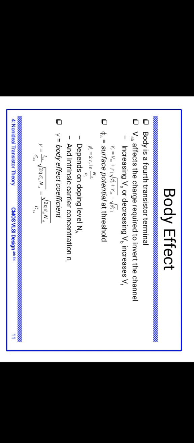VSB1 is equal to 0 and VSB2 is not equal to 0. It means VSB2 and VSB1 are not the same. This variation of VSB causes variation in threshold voltages. This variation of threshold voltage due to source to substrate voltage is referred to as body effect.